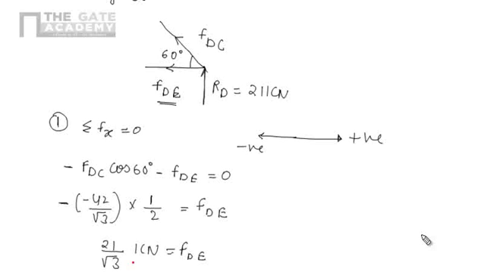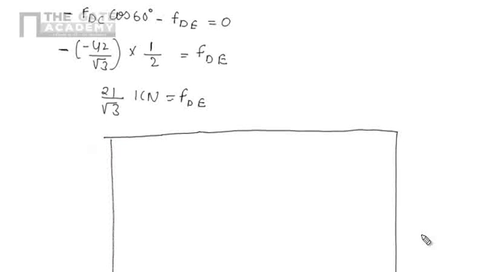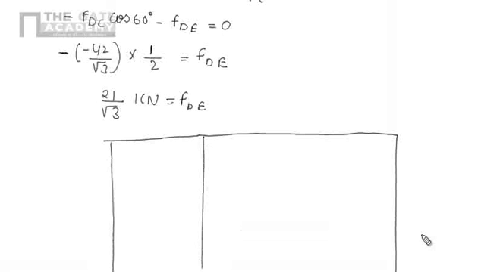Positive means it is tensile, and if it is coming negative, then it will be compressive. So let's draw the table which will show the forces in the members.